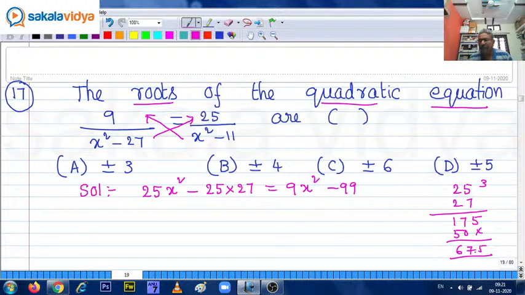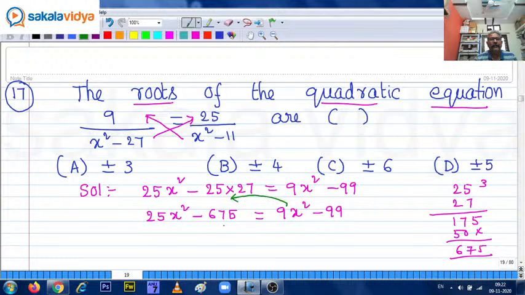So 25x square minus 675 equals 9x square minus 99. Now what shall we do? Take 9x square this side and take minus 675 this side. So we get 25x square minus 9x square equals 675 minus 99.